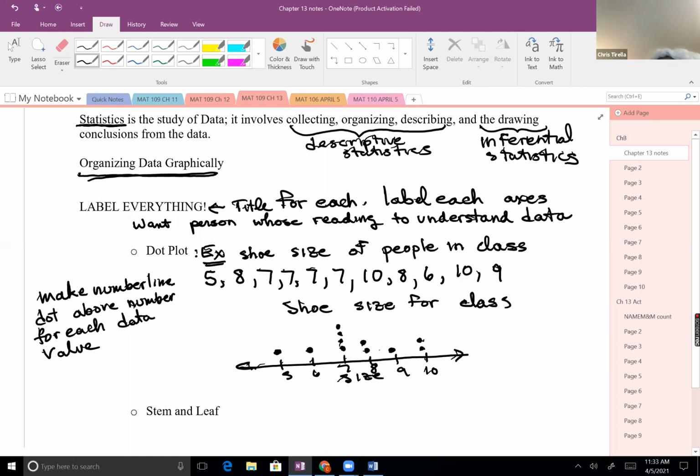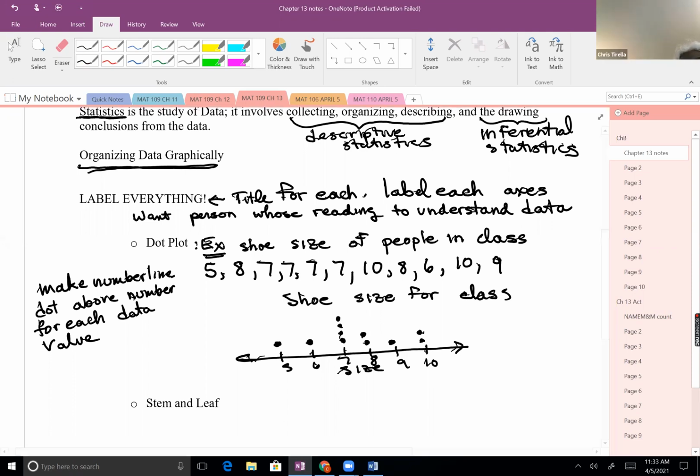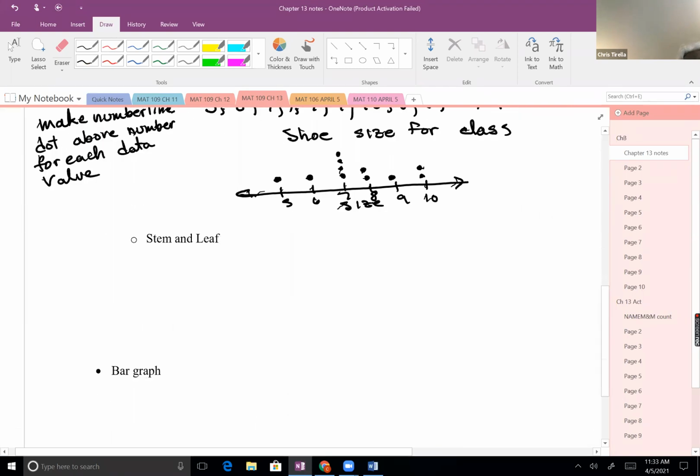When we make it, we'll actually end up putting the numbers in order and also seeing the frequency, or the number of each data piece that we have. Is everybody comfortable making a dot plot? Mm-hmm. Okay.